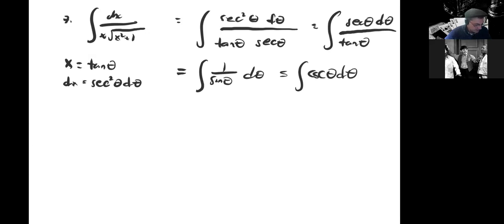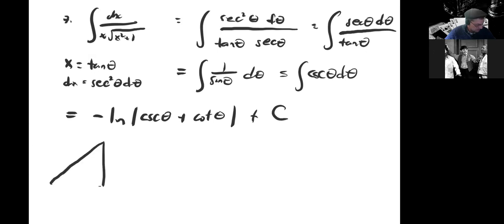Now, I did this in class. The integral of cosecant theta is minus ln absolute value of cosecant theta plus cotangent theta plus c. So now we have to go back and convert this back into x.